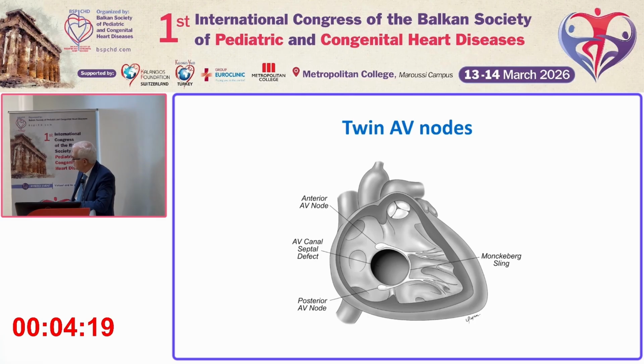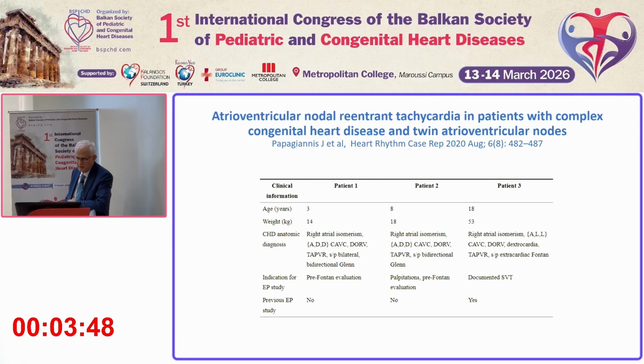And as you can see here, this patient has a common AV valve, and there is an AV node in the superior part of the valve and another AV node in the inferior part, and they join together at the ventricular level through a sling called the Monckeberg sling. There can be, under certain circumstances, a reentry between these two AV nodes, causing the so-called twin AV node tachycardia.